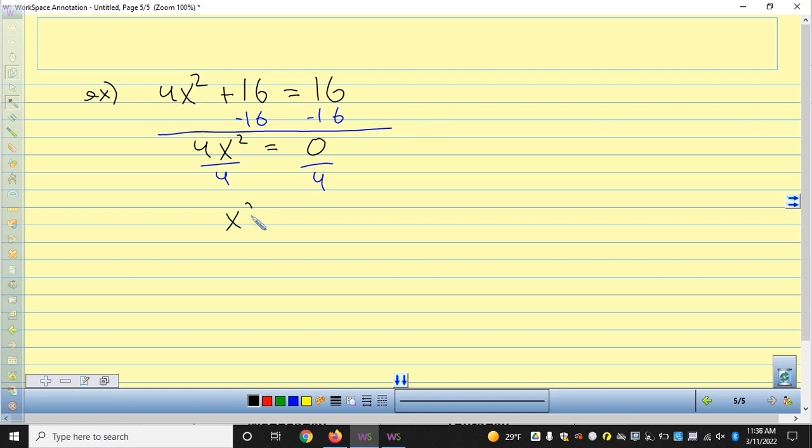I get x squared equals 0. I take the square root of both sides. Square root, and I get x equals, the square root of 0 is 0. I could write plus or minus 0, but plus 0 and minus 0 are just 0. So here we get one solution. X equals 0 is the solution to this thing.